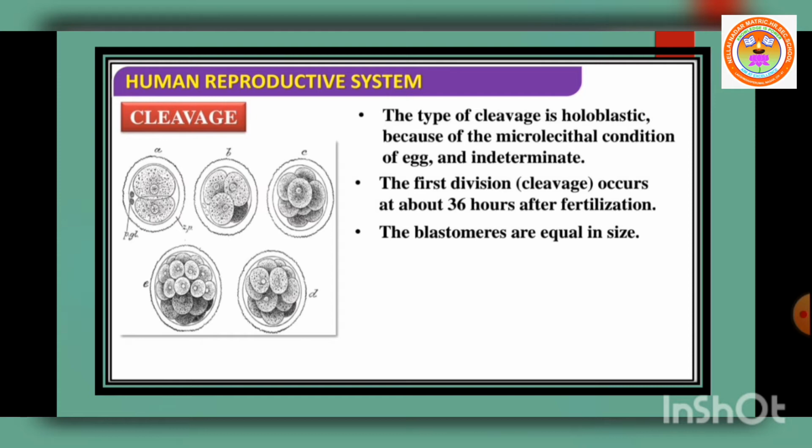So see the picture: the type of cleavage is holoblastic because of the microlecithal condition of the egg, and indeterminate. The first division occurs at about 36 hours after fertilization. Blastomeres are equal in size.